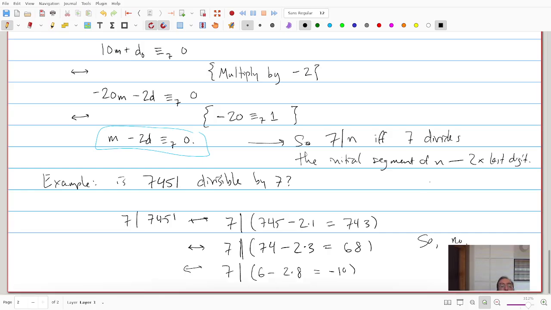Okay, but let's do an example where it works. If I do 7441, that leads to 744 minus 2 times 1, which is 742. And then that leads to 74 minus 2 times 2, which is 70.